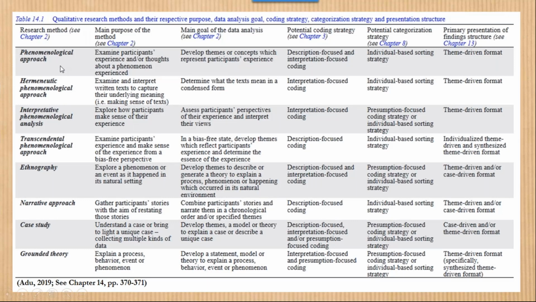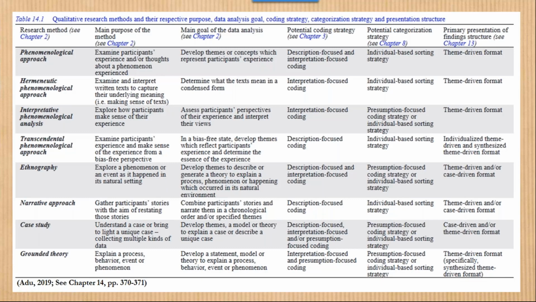So let's say, based on the approach that you are using, I did not talk about all the approaches in qualitative research, but these are the main approaches researchers use. So if you are using a phenomenological approach, in terms of coding strategy, you can use description or interpretation focus coding.